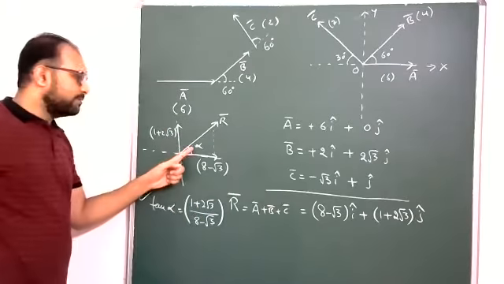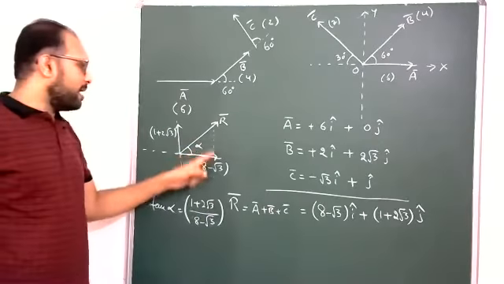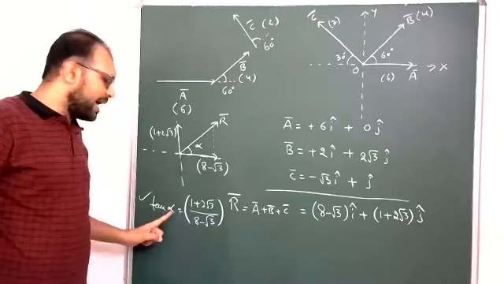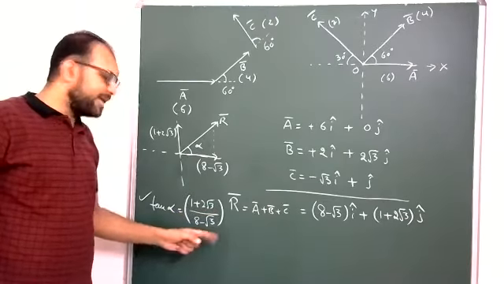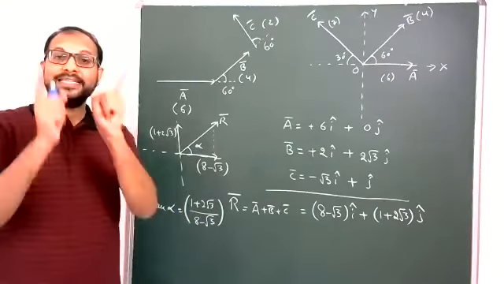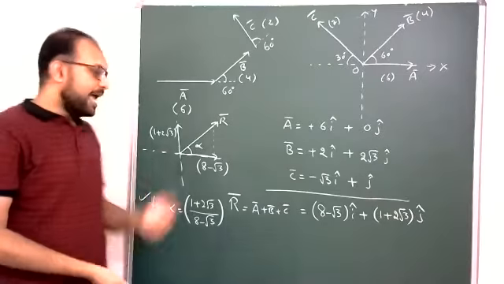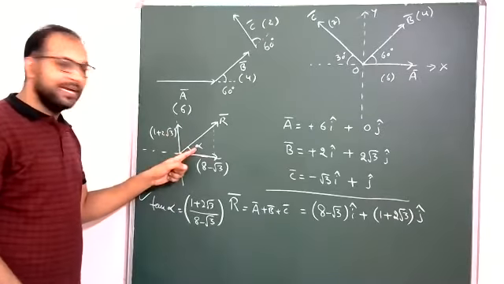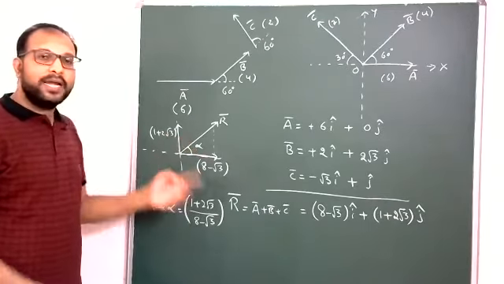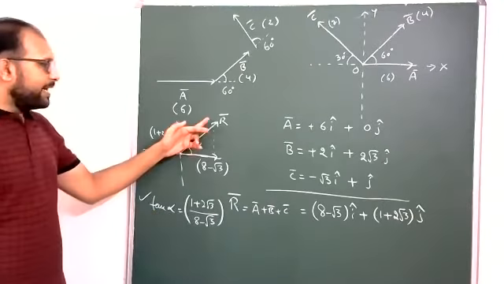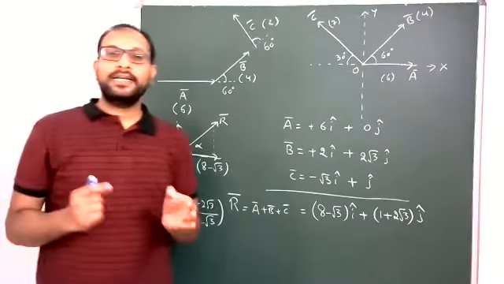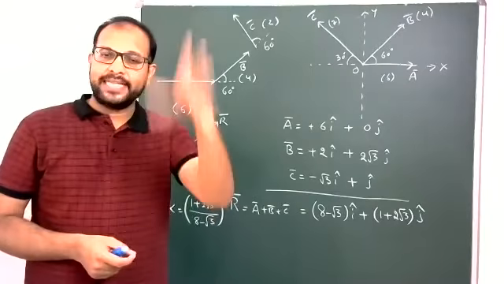So tan alpha equals opposite by adjacent, therefore alpha equals tan inverse of (1 plus 2 root 3) by (8 minus root 3). But it is in the first quadrant, and with the x-axis this is the angle. With the y-axis how much? 90 minus alpha. So that's why r bar is the resultant of 3 vectors in the present example.